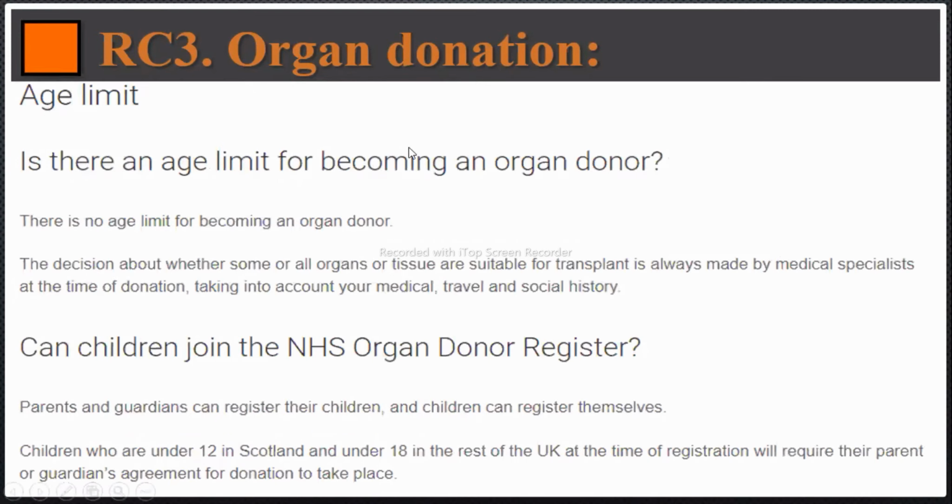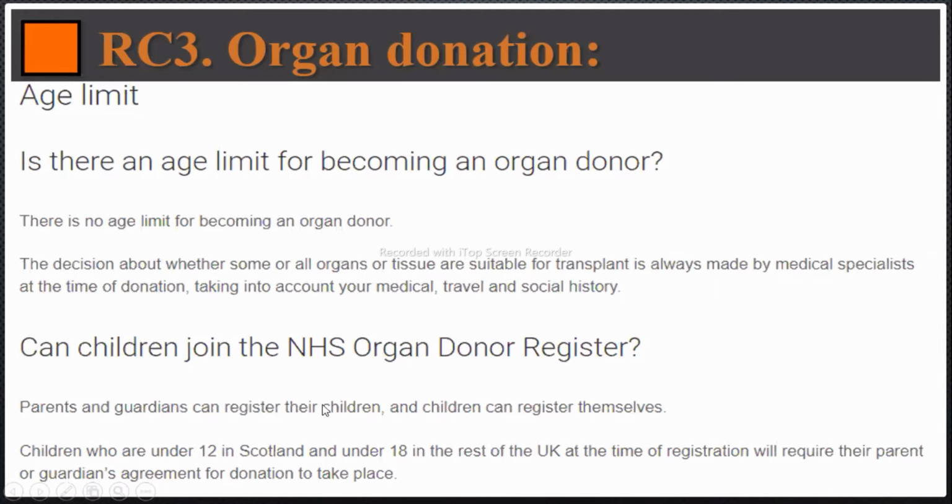Age limit. So as we said, any age. Can children join the NHS organ donor register? So parents and guardians can register their children, and the children can register themselves. Children who are under 12 in Scotland and under 18 in the rest of the UK, at the time of registration, will require their parent or guardian's agreement for donation to take place.